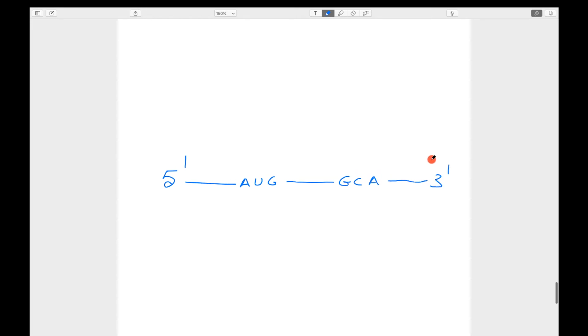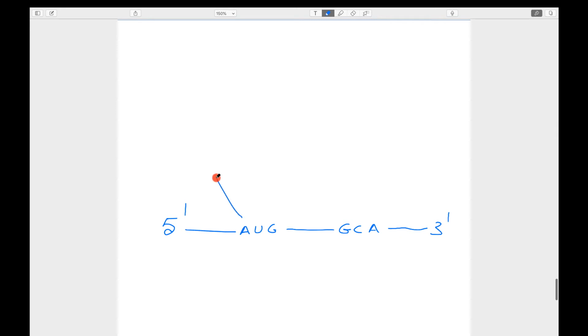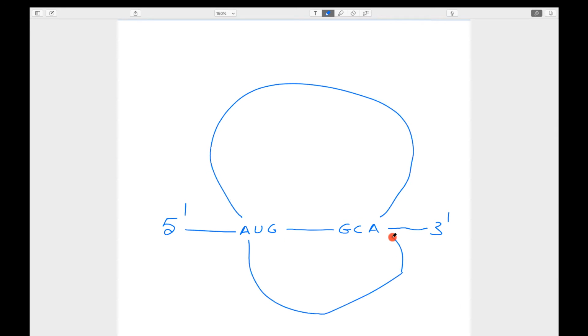Again I am drawing the 70S complex like this. This is the exit site. Then UAC, and AUG.